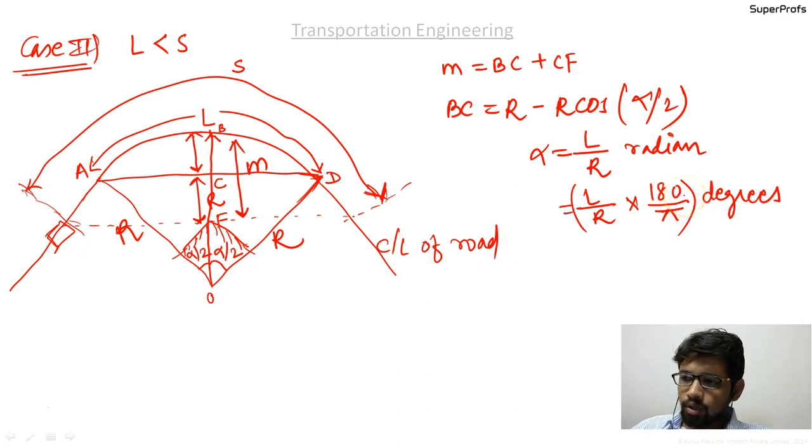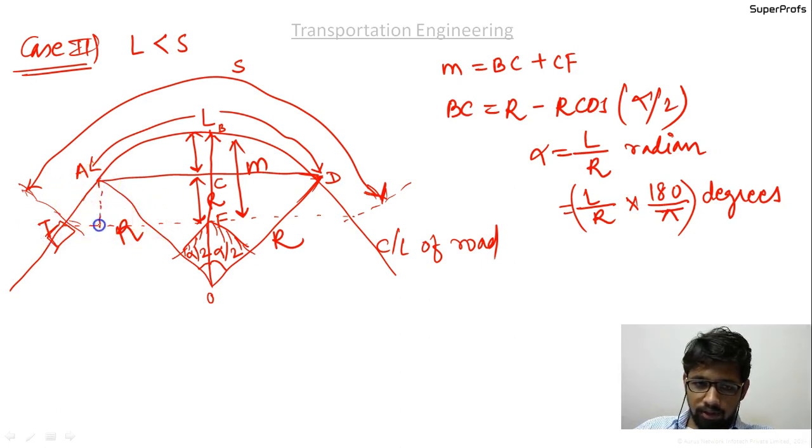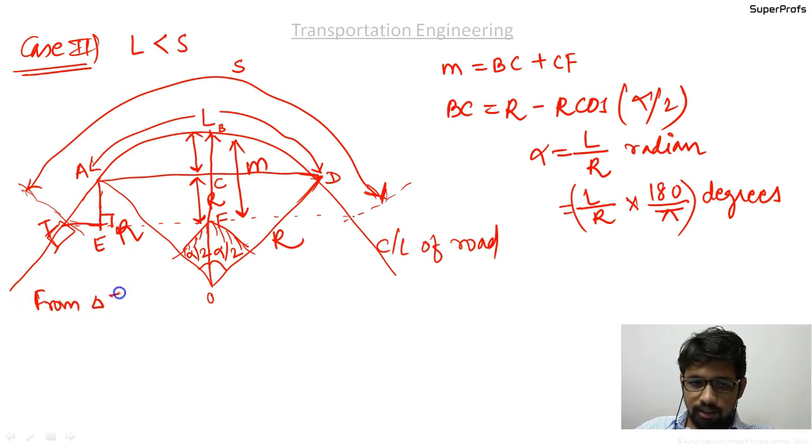Okay, so consider this triangle, say here it is T, and draw a perpendicular E. So from triangle TAE, we want to find out the distance AE, which will be equal to distance CF.